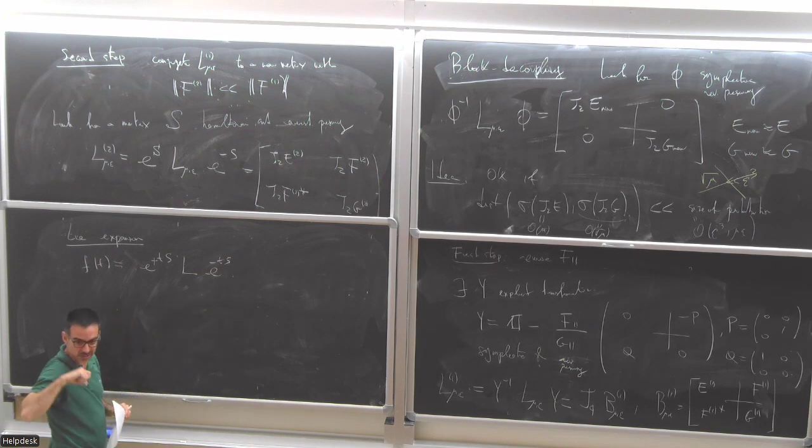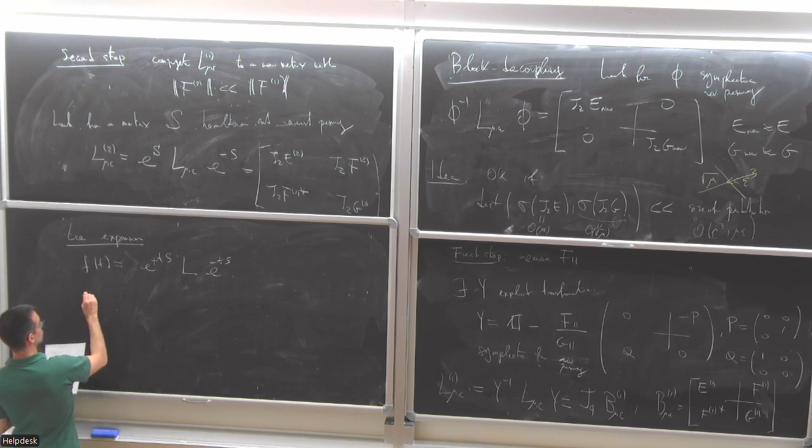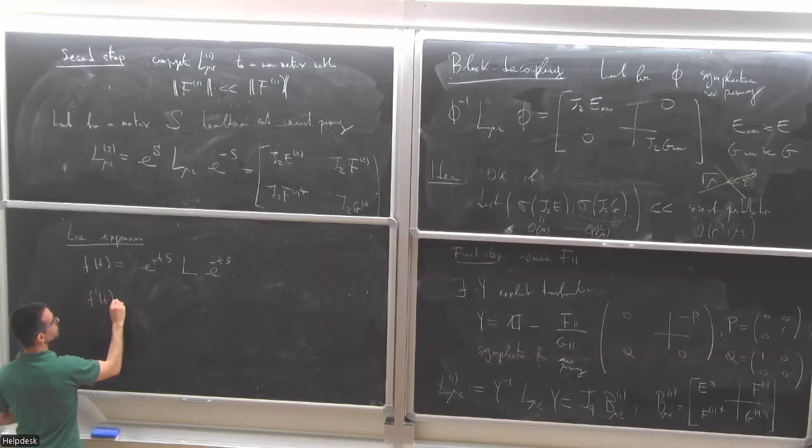Define this. This is a function of t, so add a fictitious parameter t. And then what do you have? Compute f prime of t.